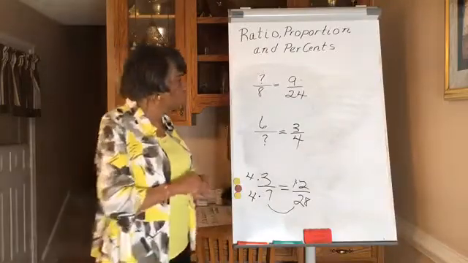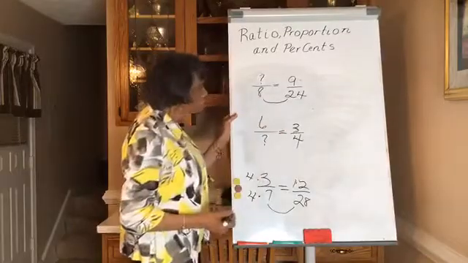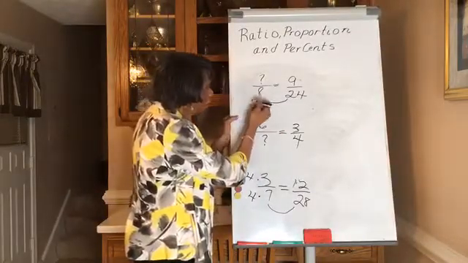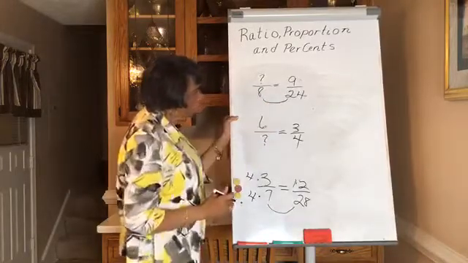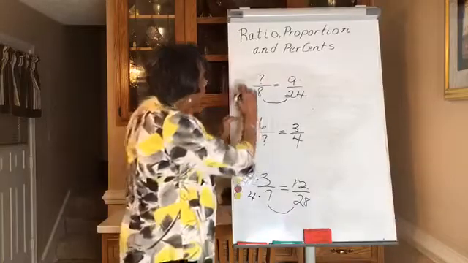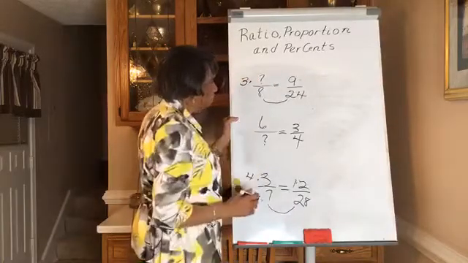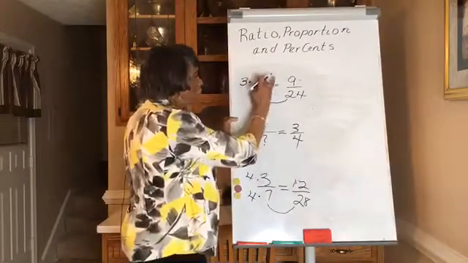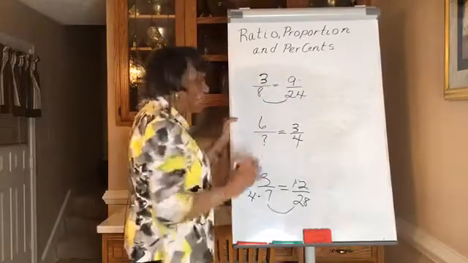So again, we start with what we already know. 8 has been multiplied by 3. So 3 times what number is going to give you 9? Certainly you knew the answer was 3. Isn't that easy?